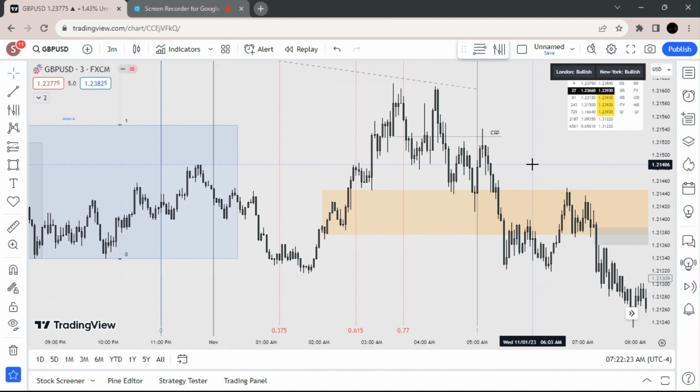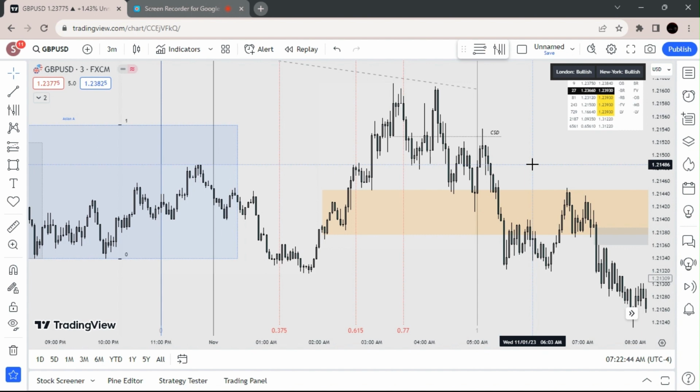Now, like I said in the previous video, I trade the manipulation session within the current 4-hour candle that's also placed in that session. That 4-hour candle runs from 1 a.m. to 5 a.m., okay? And within that candle, I'm looking for the higher low to be created and then trading to the opposite end of that, okay?